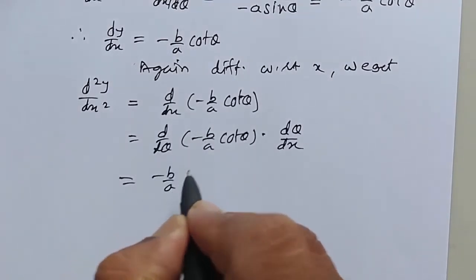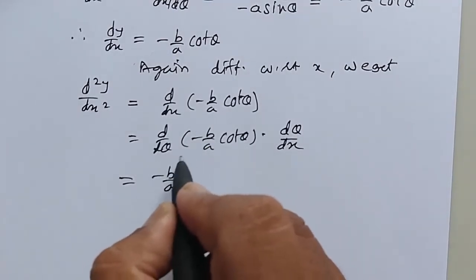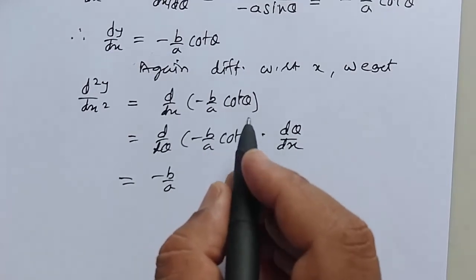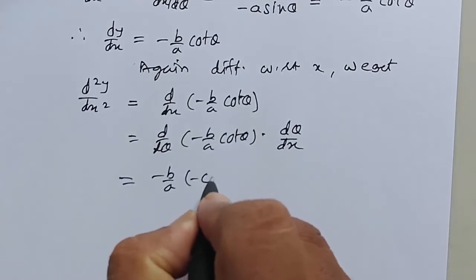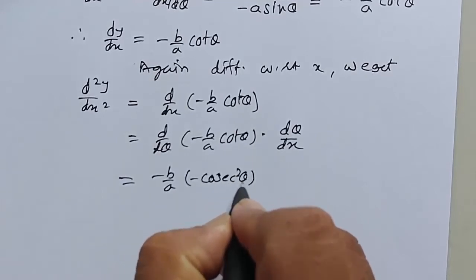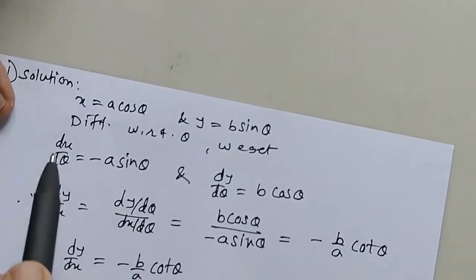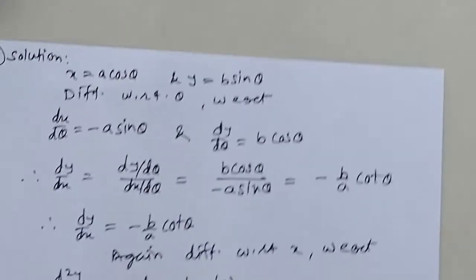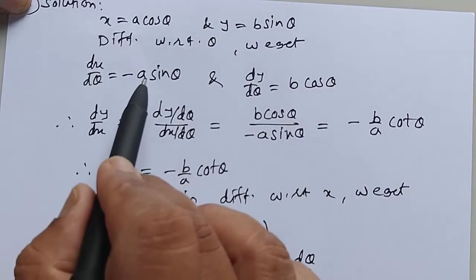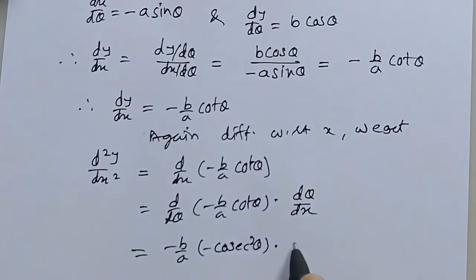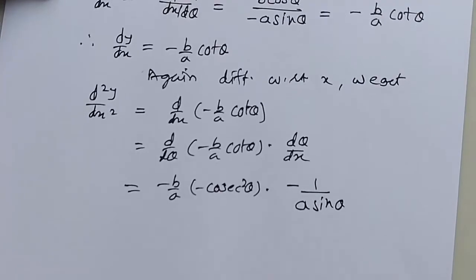minus b upon a, it is a constant, we take outside of the bracket, derivative of cot theta is equal to minus cosec square theta. D theta by dx is the reciprocal of dx by d theta, it is minus a sin theta, so its reciprocal is minus 1 upon a sin theta.